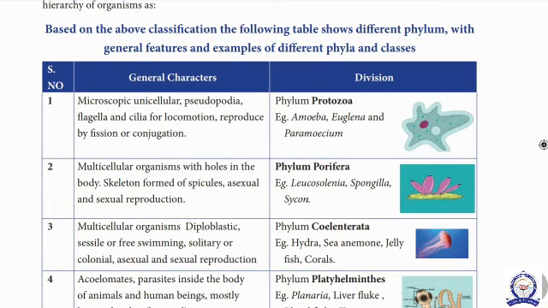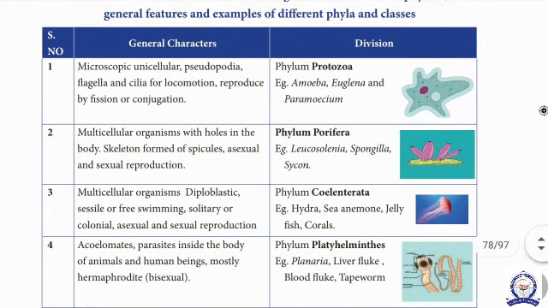Carl Linnaeus gave the binomial name of organisms. He classified on the basis of phylum, class, order, family, genus and species.